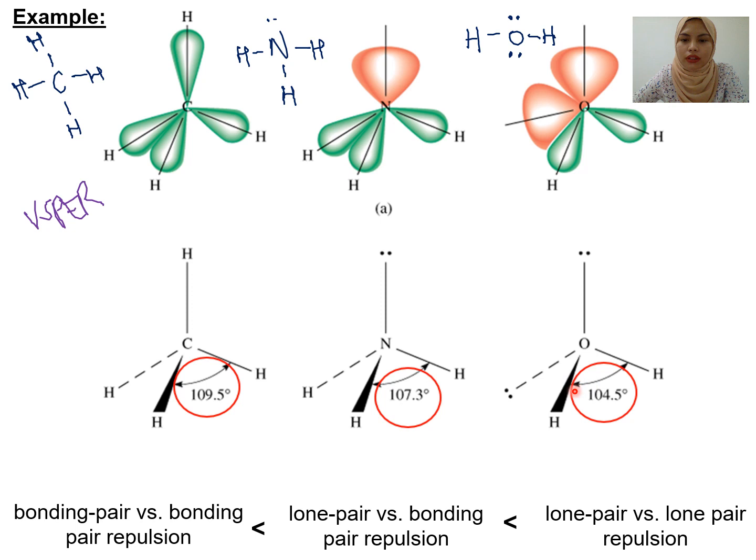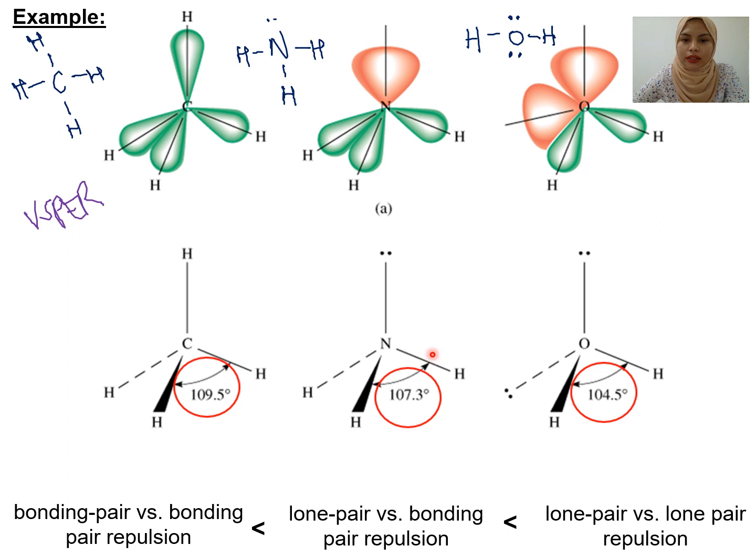So if you look here, these three molecules originally have a tetrahedral shape because they have 4 electron pairs around the central atom.